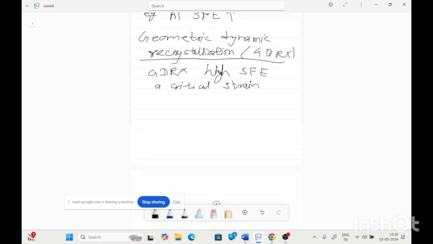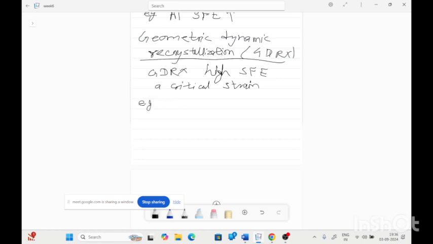What is meant by geometric dynamic recrystallization is that in this process the shape of the grain changes after the recrystallization process. For this a critical strain is required.